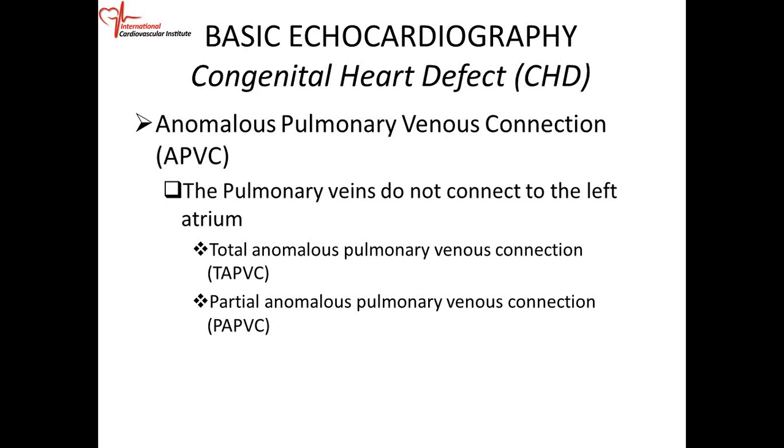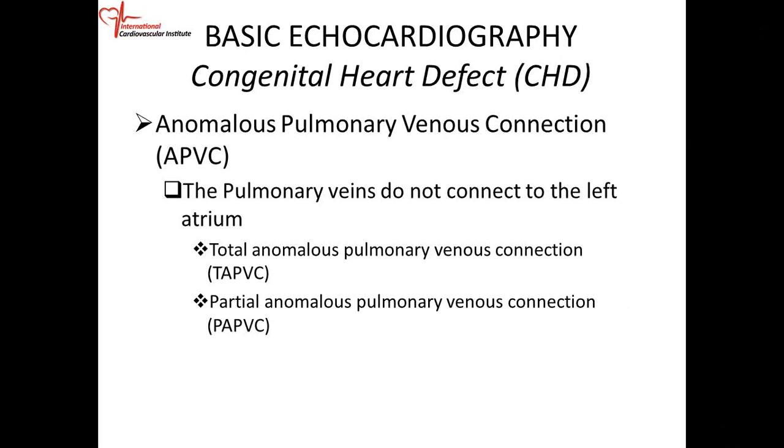The common place for drainage is the right atrium, but it can drain in the upper portion of the right atrium where you have the superior vena cava entering, or into the lower portion where the inferior vena cava drains into the right atrium. So you can have any one of those connections.